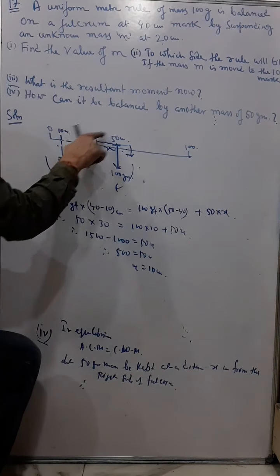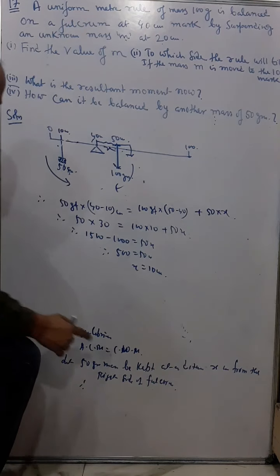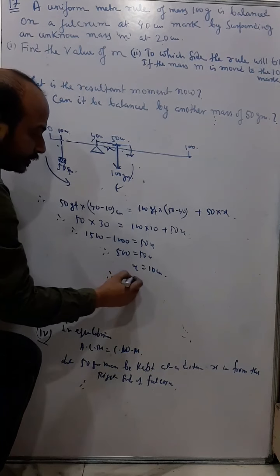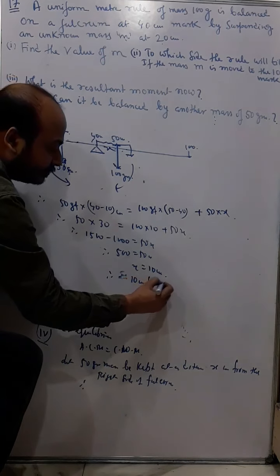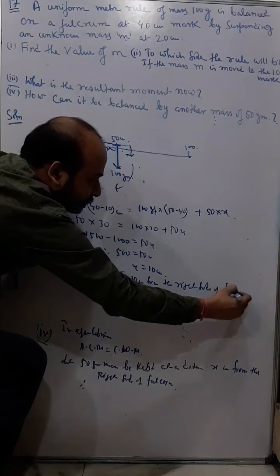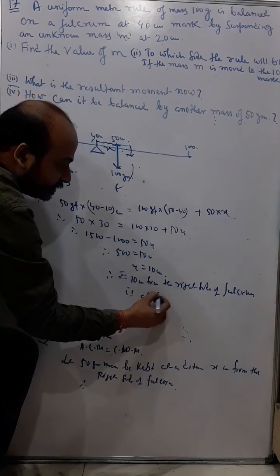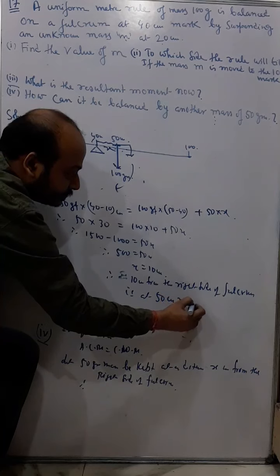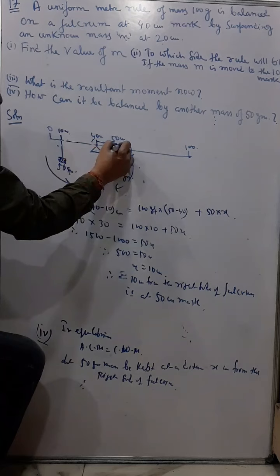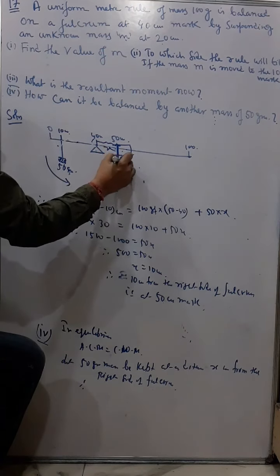So 10 centimeter from the right side of the fulcrum, that is at the 50 centimeter mark, because the fulcrum was kept at 40 and 10 centimeter from there is 50, which is the same place where the center of gravity lies. So in this place only we will keep that weight of 50.